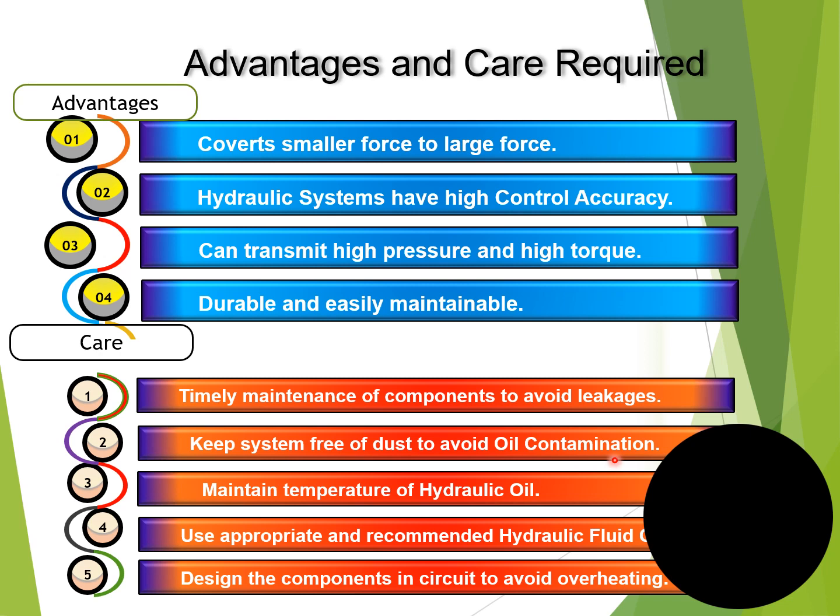If you recall our presentation on contamination, we studied that contaminated oil, if passing through the valves or actuator, can damage the actuator and valves or cut the seals of the valves. So we have to avoid the dust first, and then of course the oil leakages also.